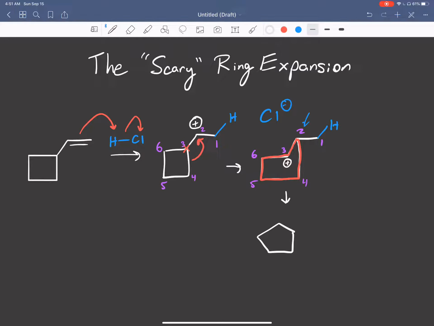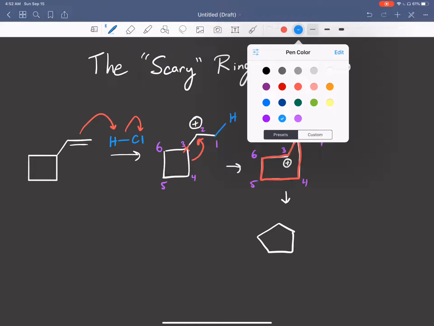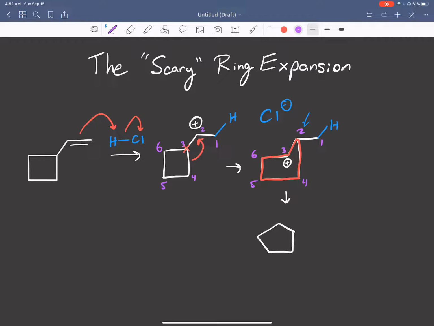okay? And renumber it. I like to draw only the ring before I draw anything else attached to it. Doesn't matter where you're starting your numbering, just keep it consistent. So in terms of where everything is, do not make carbon 1 now part of the ring, because even though here it wasn't. All right, so started at carbon 2, 2, 3, 4, 5, 6. Carbon 3 had the positive charge, okay?